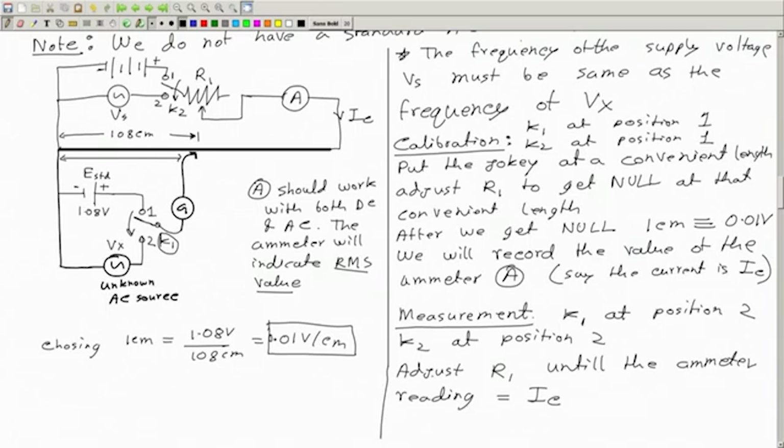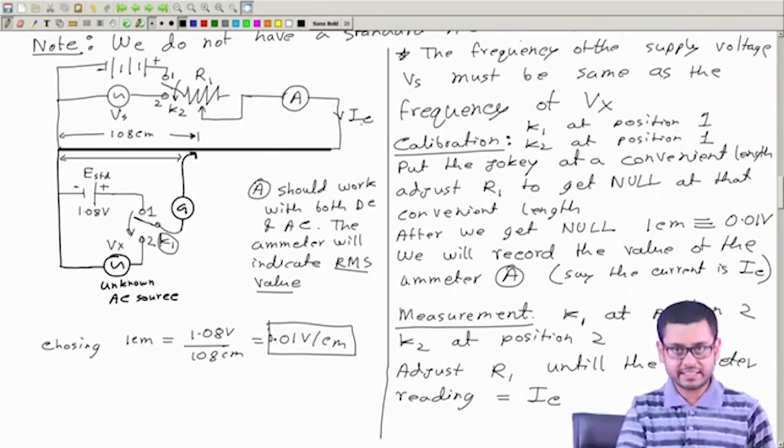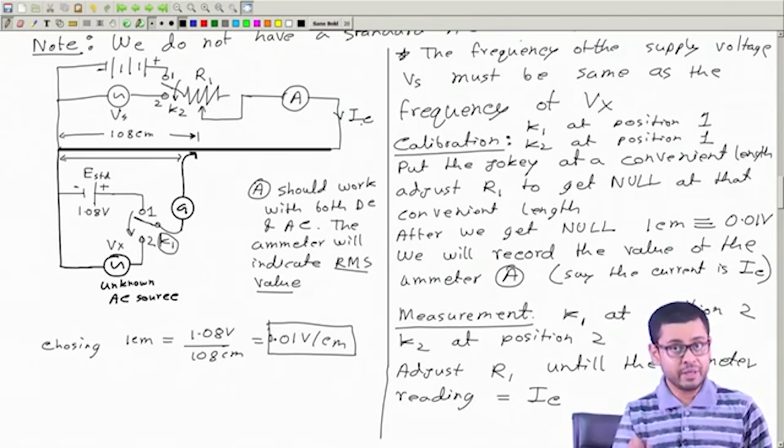Now in the measurement phase, when we have changed everything, the source is changed here, here also the source is changed, we will adjust this rheostat once again so that we get the same value of current IC. Previous IC was DC, now this IC is AC. So when I say that same current IC is flowing, it means the RMS value of the current is same. One current is DC, another current is AC, but their RMS value is same.